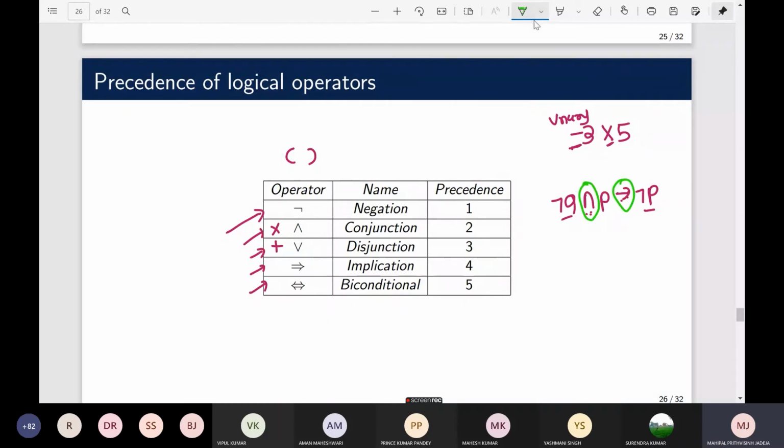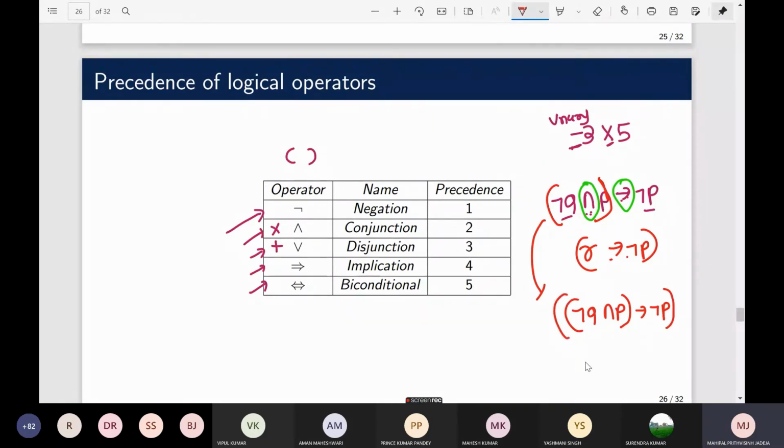So what you need to do is put brackets like this. First, you give importance to the conjunction operator, and then whatever result you get, let's say R, you apply with the implication operator. If I simplify this compound expression with respect to precedence rules, I can put brackets like this. The first bracket will be for negation Q and P. The second bracket will be for the entire proposition.